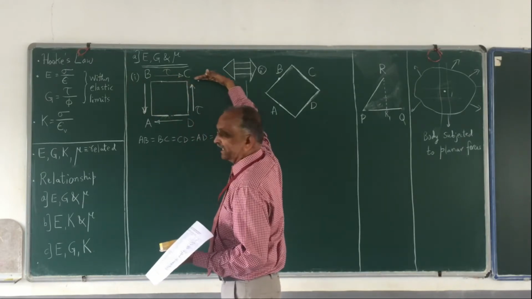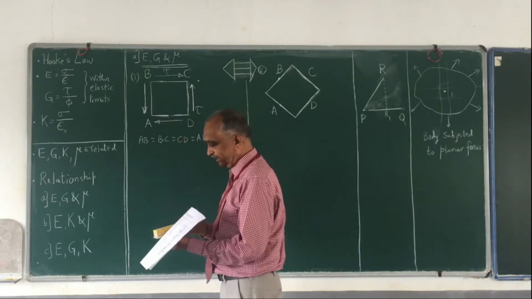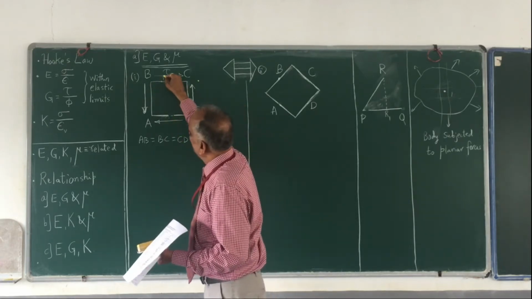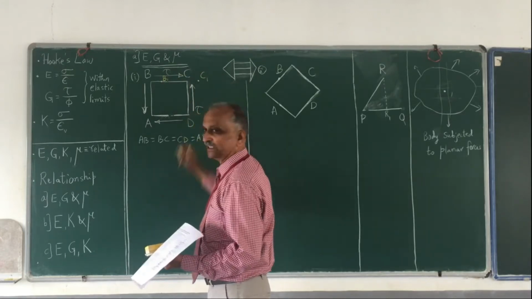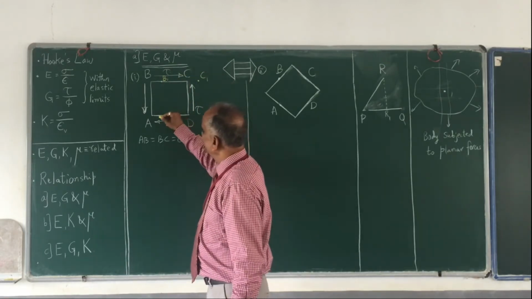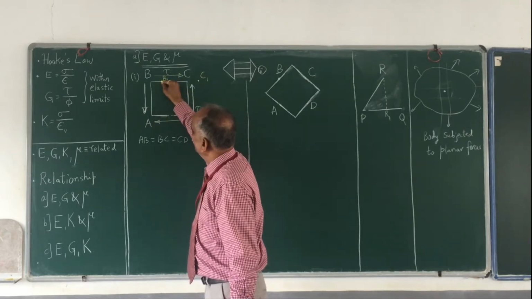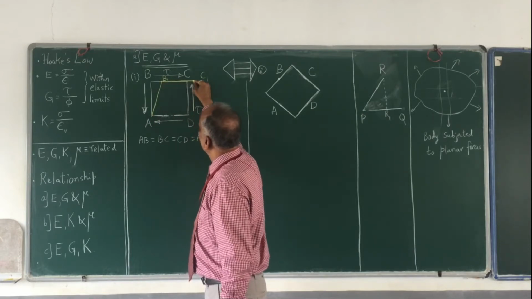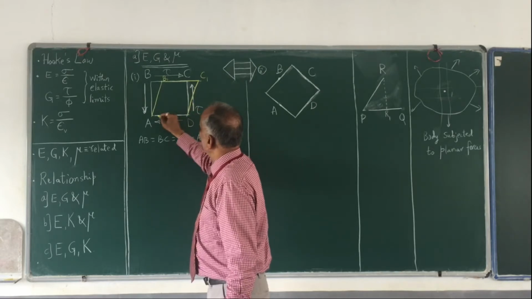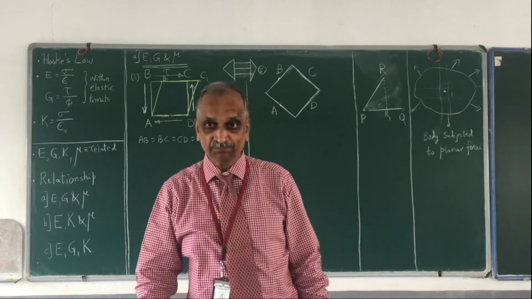This face will slide, and B will move to this point, which I call B1, and C will move to this new position C1. This face ABCD, which was square earlier, now becomes something like this: A, B1, C1, and D. This is my new shape.